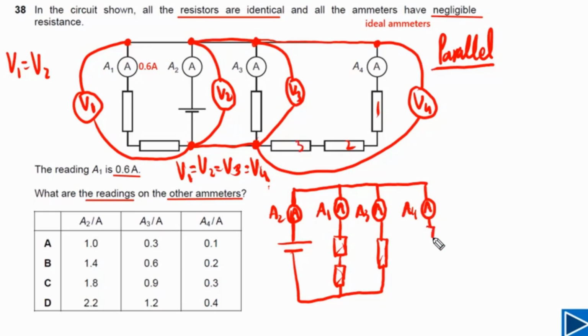So we can draw these three resistors in series here. So this is our circuit, and it is simply a parallel circuit. Now we need to find out the readings on A2, A3 and A4.